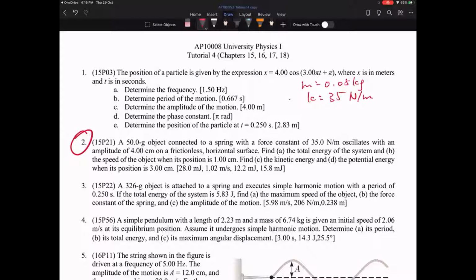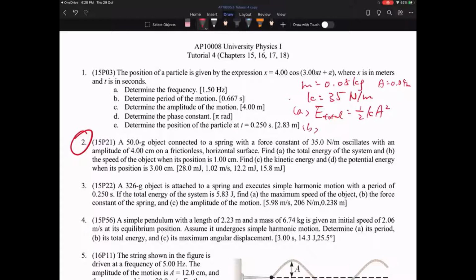So in the first part, you are asked to calculate the total energy. In part A, the total energy is 1/2 k a squared. So amplitude is 4 cm, so 0.04 meter. So you could easily work out what is the total energy.